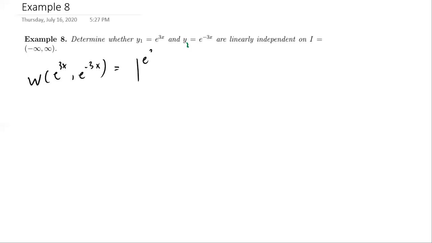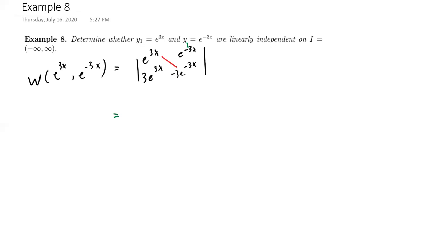This is e to the 3x, its derivative, e to the negative 3x, and its derivative. Oh, forgot the 3. So that's what we need to compute. So let's go ahead and do it. So multiply the first diagonal entries, right?